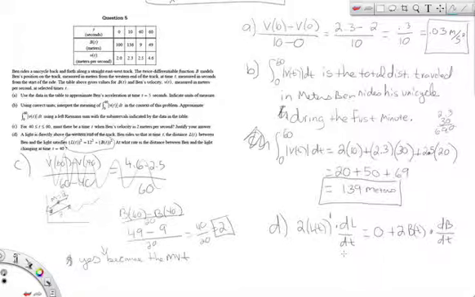At what rate is the distance between Ben and the light changing at time 40? So I'm going to plug in 40 and see what I find.